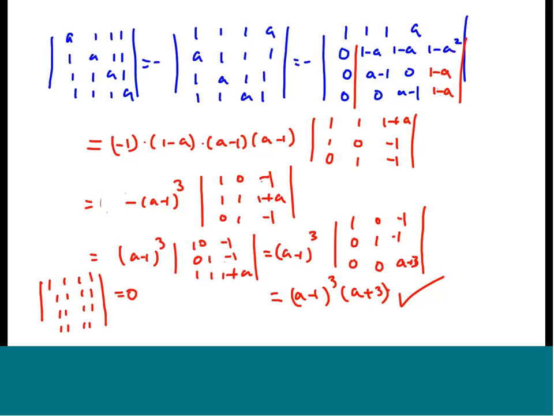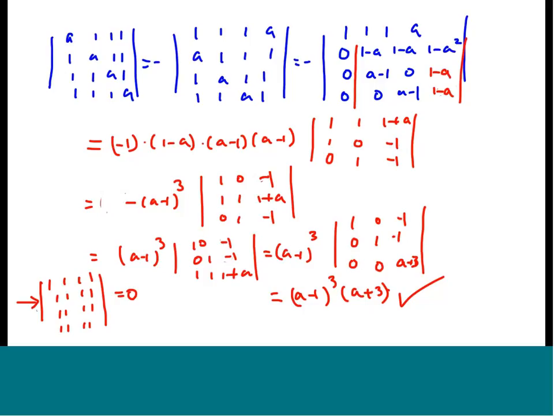So this 0, you can tell this determines it.